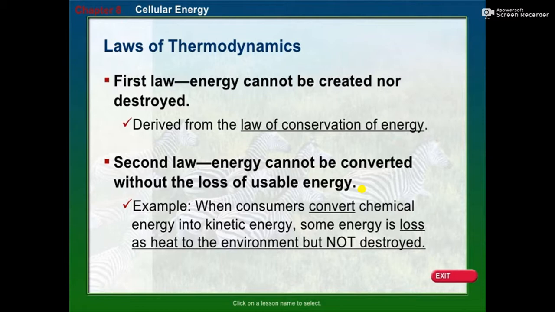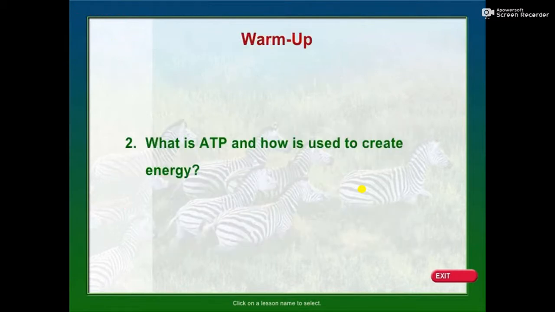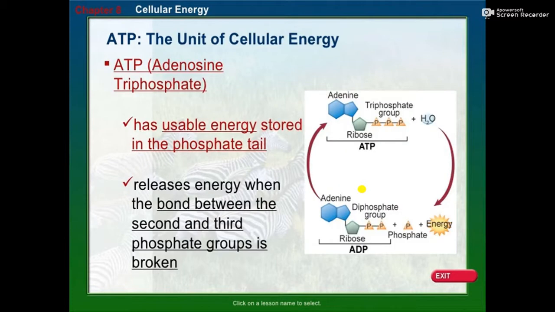Second law: energy cannot be converted without the loss of usable energy. Example, when consumers convert chemical energy into kinetic energy, some energy is lost as heat to the environment but not destroyed.